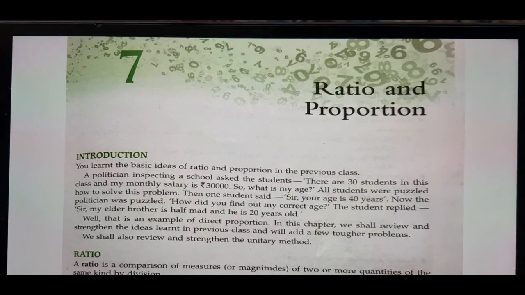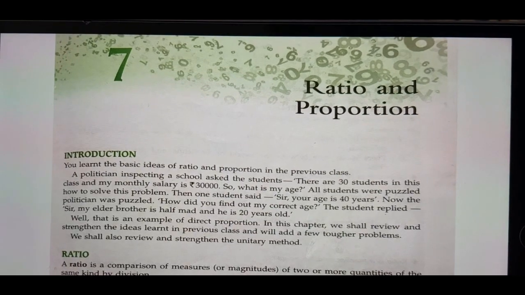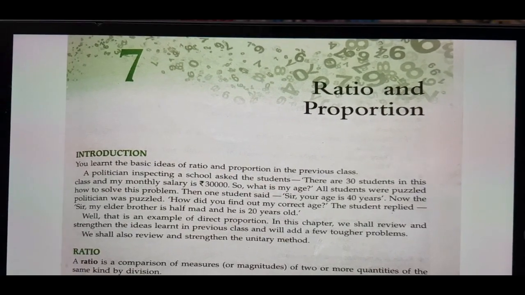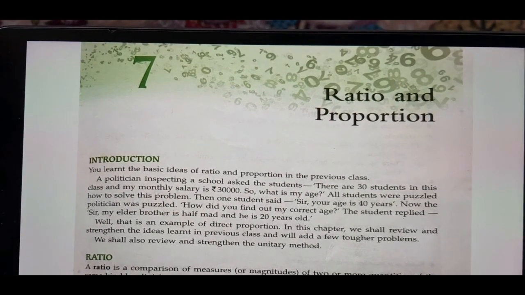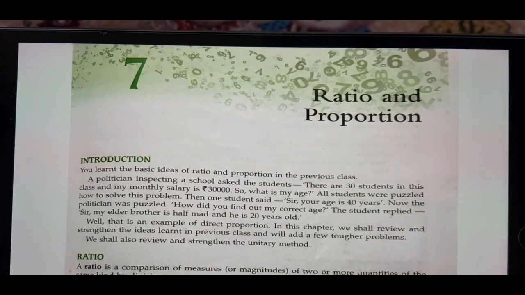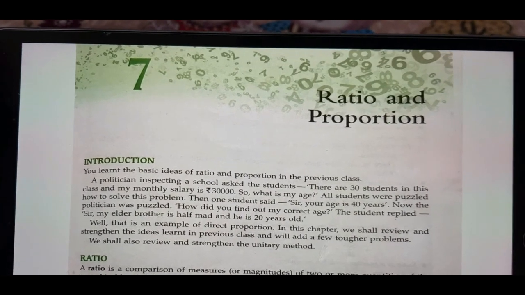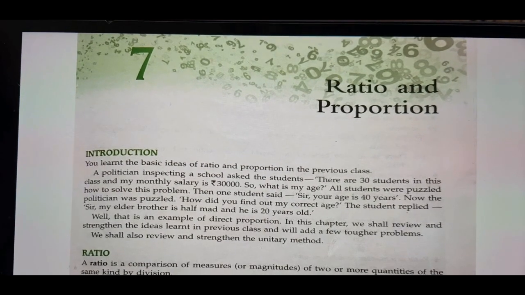He got puzzled and asked, how did you get my correct age? The student replied, sir, my elder brother is half mad and he's 20 years old. So see how the sums can be made in this kind of proportion. If a half mad brother is 20, that means the politician's age should be double, that is 40.